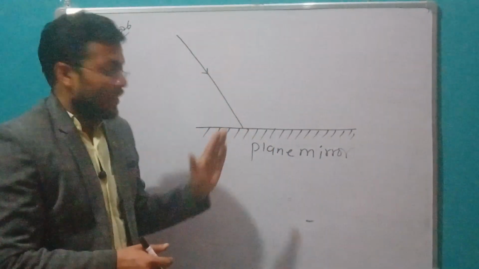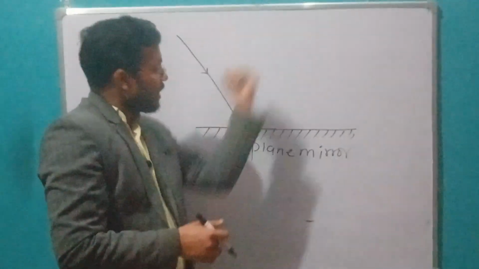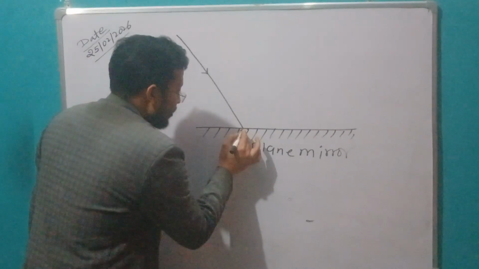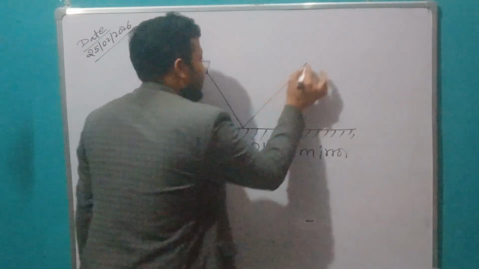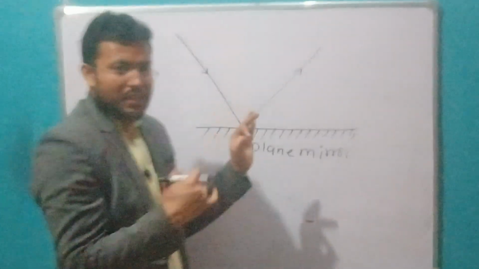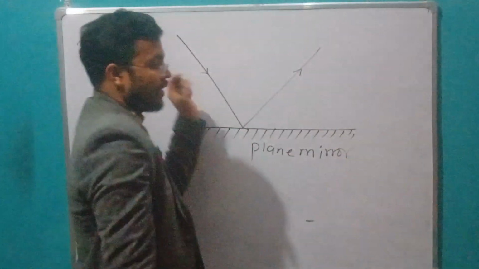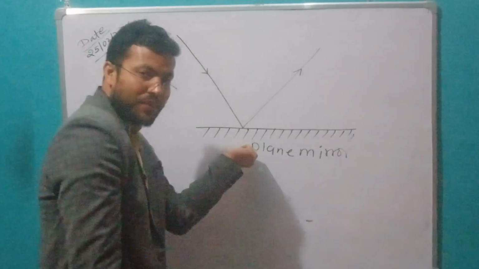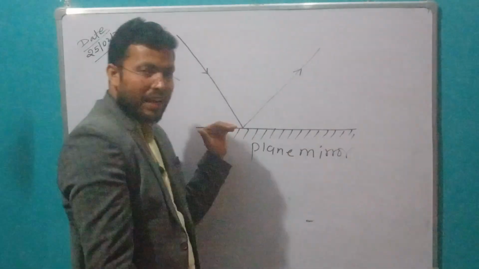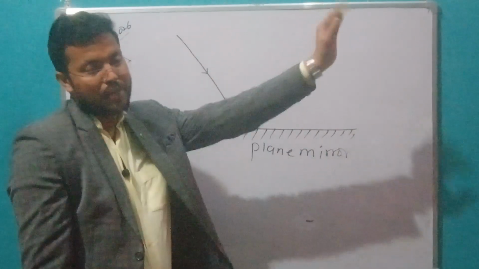It is opaque. Then the light bounces back, turning back in the same medium.